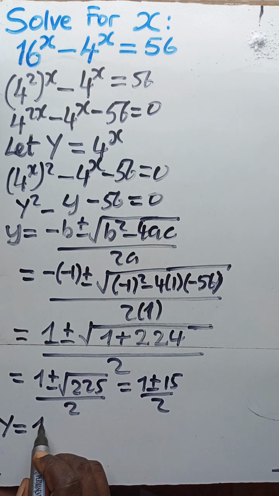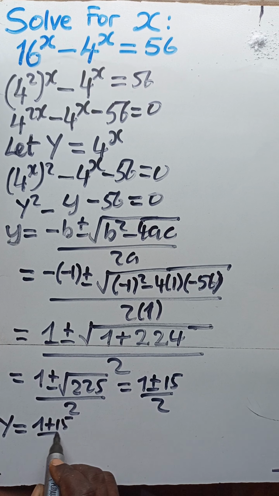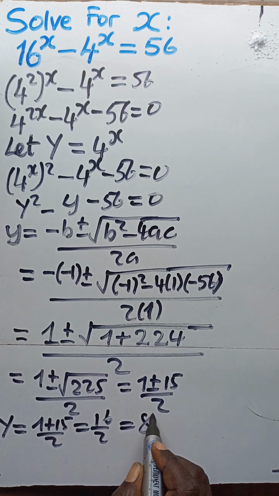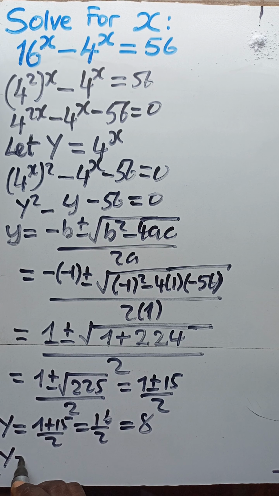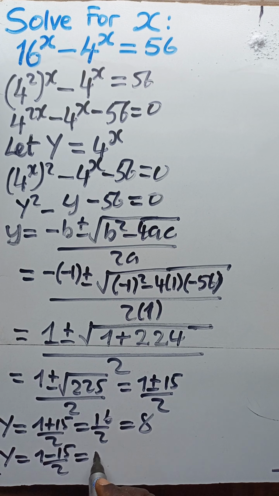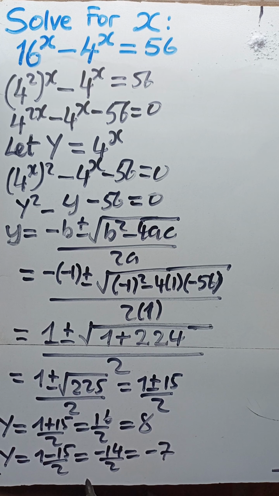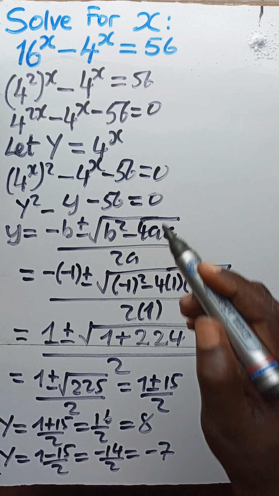And so y is equal to 1 plus 15 all over 2, which is 16 all over 2, which is 8. Or y is equal to 1 minus 15 all over 2, which is negative 14 all over 2, which is negative 7. Okay? So these are the two possible values of y. Y is either 8 or y is negative 7.